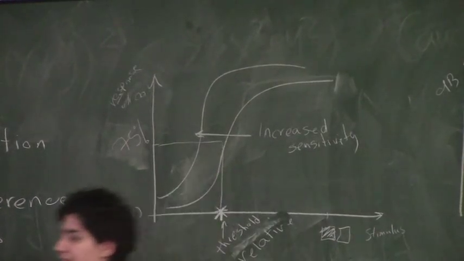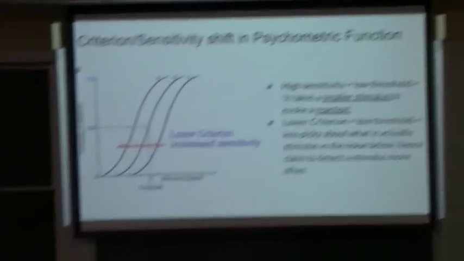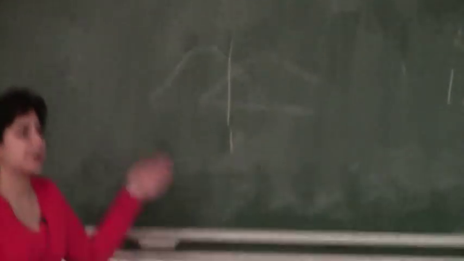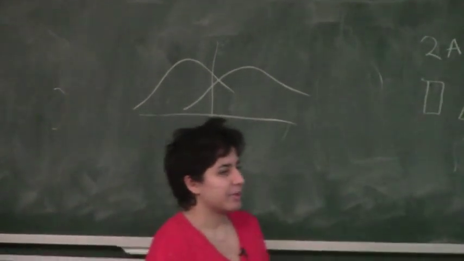Now, what is criterion? If you remember the beta that we talked about with the two curves that look like this, and you had a beta and your beta moved, your beta is your criterion. Basically, it means how picky you are.